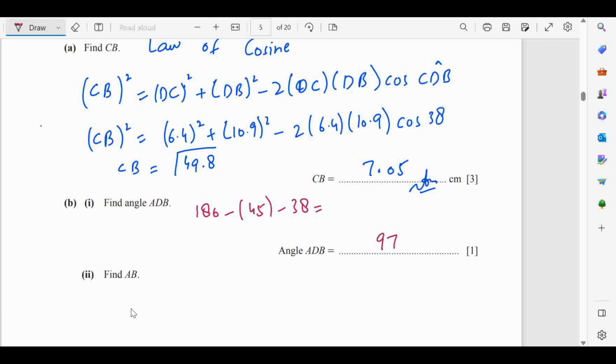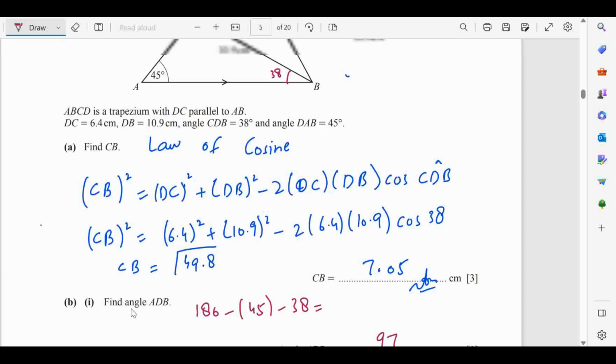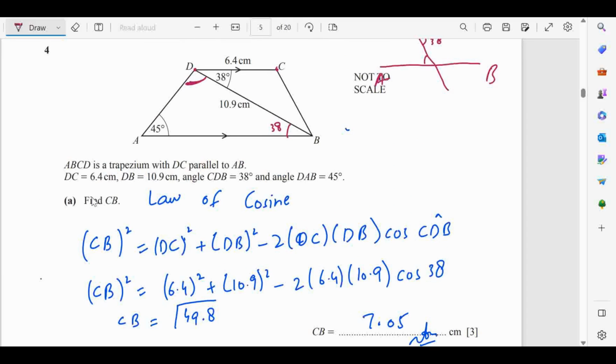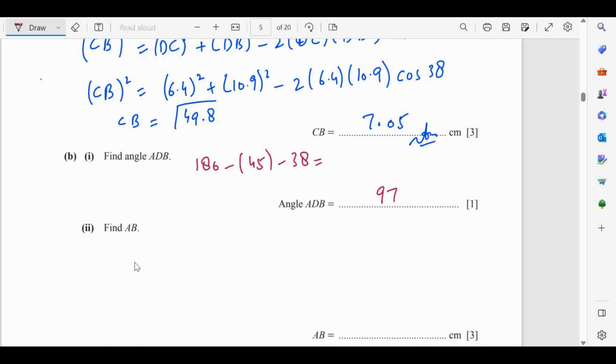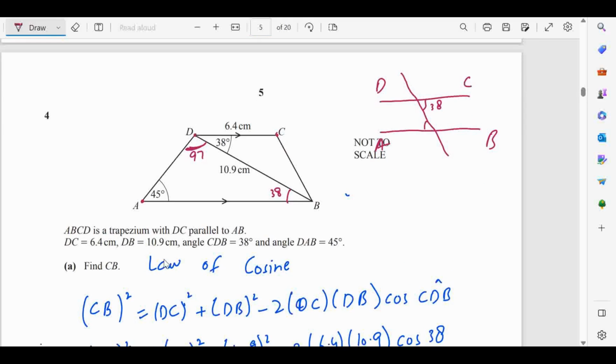Let's move to the second part. Find AB. Now how we can find AB? Where is AB? Yes, this side is AB. We need to find out this one. This angle is 97 now, so we can use the law of sine. We can write that AB divided by sine of 97 is equals to, we can take any two sides.